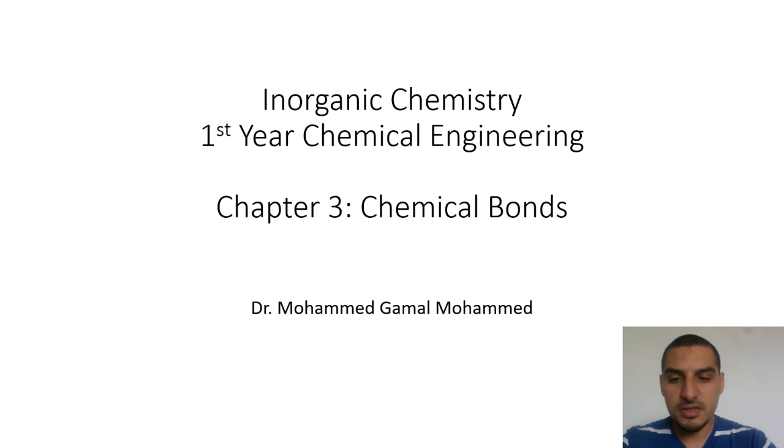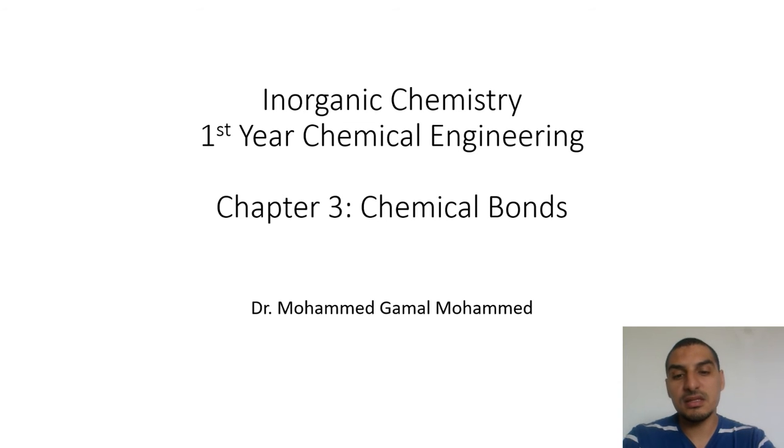Hello everybody. In this video we're going to talk about the third topic in this course, which is the chemical bonds. Just to revise what we covered before, we talked in the beginning about the atomic structure. We knew how the scientists made experiments to figure out what the constituents of the atom are, the nucleus, the electrons, and how the electrons rotate around the nucleus, and all this information.